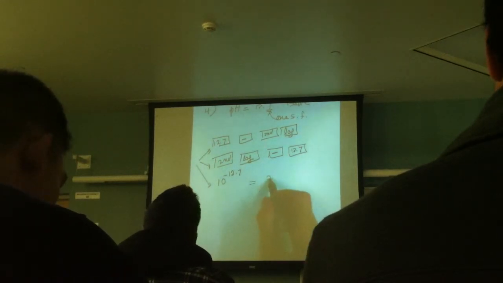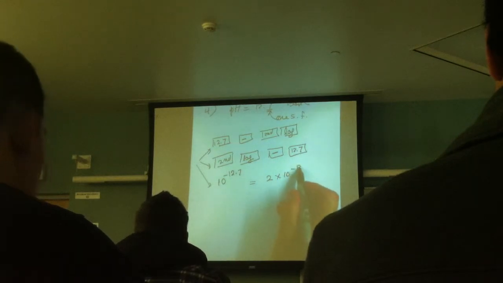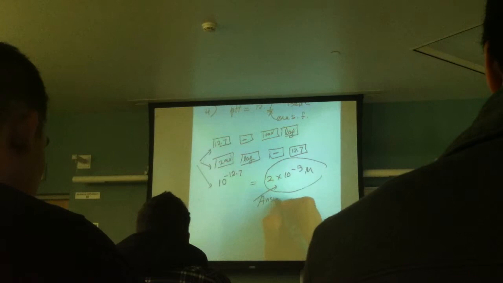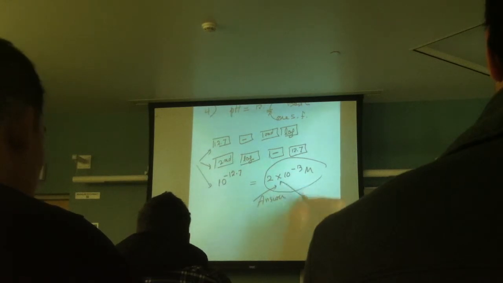You should have gotten 10 to the negative 13 M. How many sig fig? 1 sig fig.